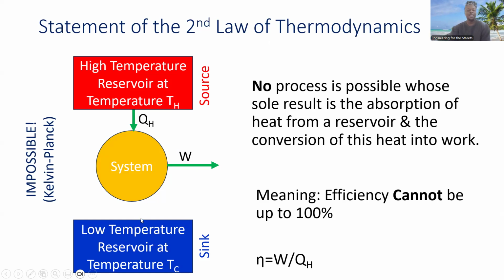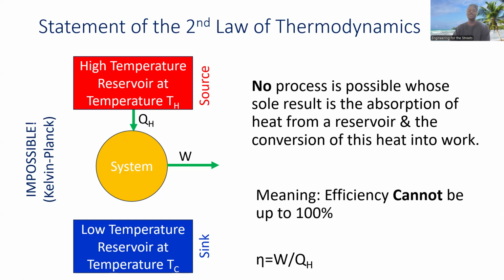This violates the second law of thermodynamics. The second law, in a nutshell, in terms of the Kelvin-Planck statement, states that the efficiency of a heat engine cannot be up to 100%.